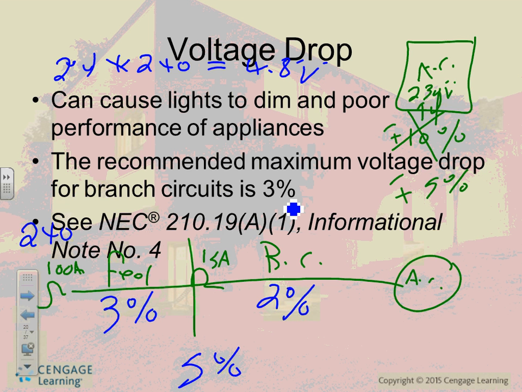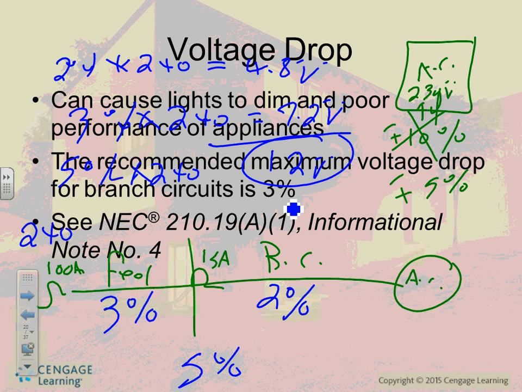What is 3% of 240? Gentlemen? 7.2 volts. Add them up, please. What is 5% basically of 240? What would that be? 12? Even? 12 volts.